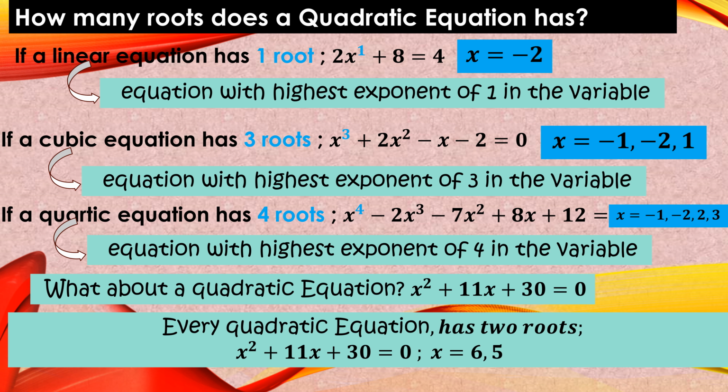A quadratic equation has 2 roots. The given is x squared plus 11x plus 30 equals 0, and thus the values of x are negative 6 and negative 5. So the roots are 6 and 5. The highest exponent of the variable is 2, thus there will also be 2 roots that will possibly satisfy the given.